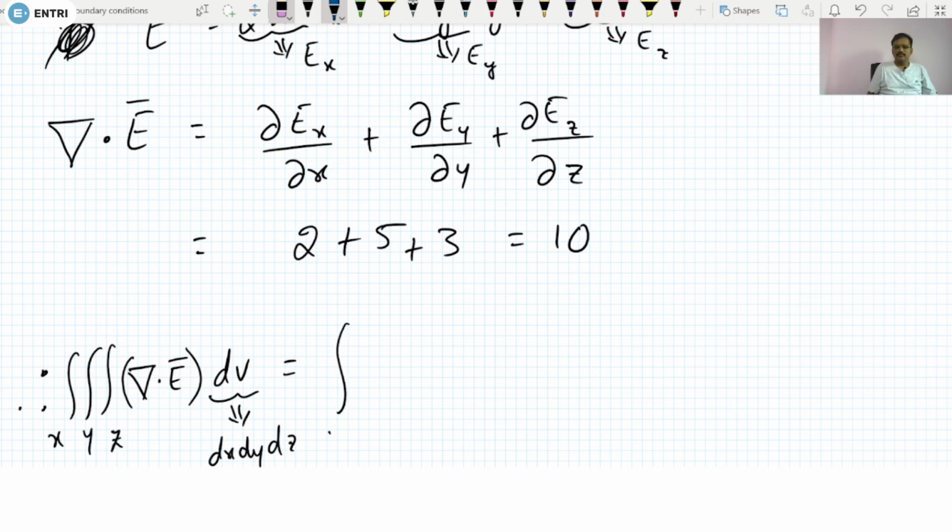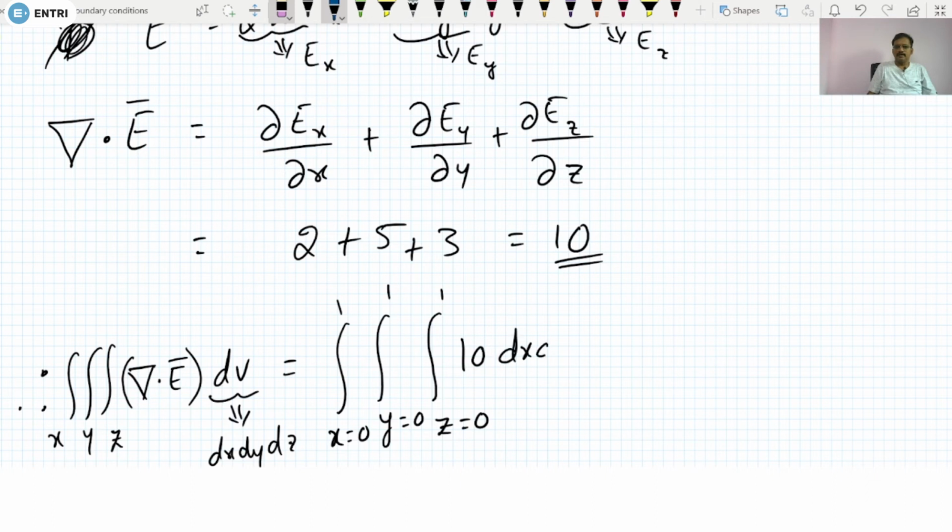Here x varies from 0 to 1, y varies from 0 to 1, and z also varies from 0 to 1. Divergence of E bar is 10, so 10 into dx dy dz.